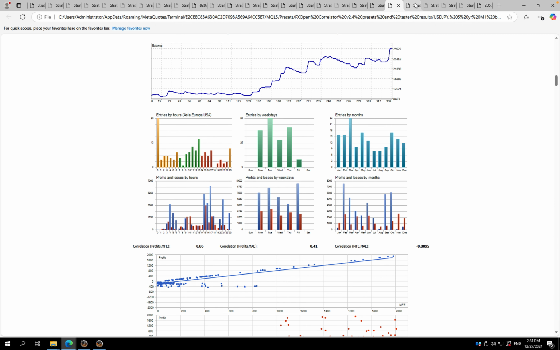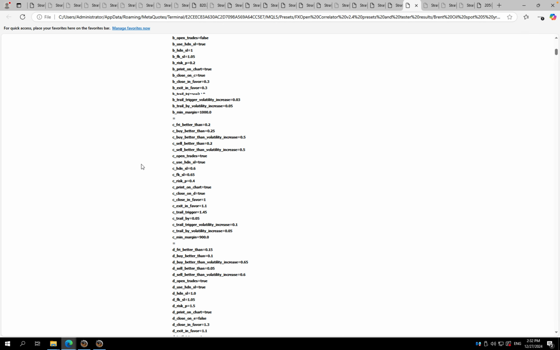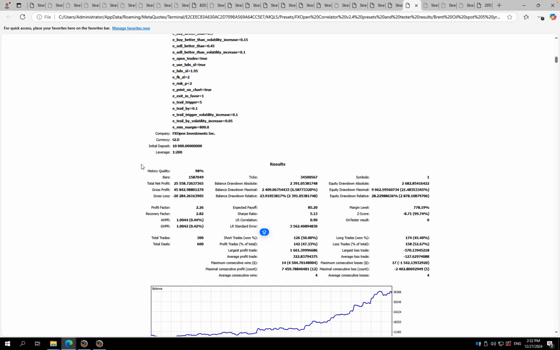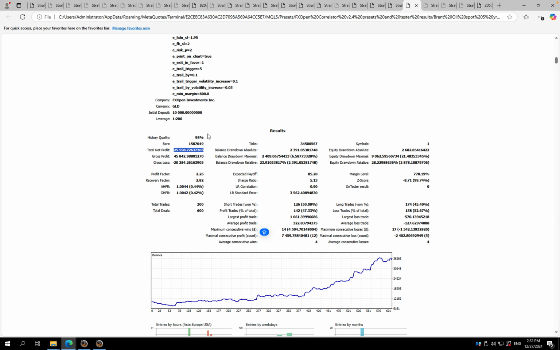Next one. This is oil, the 5-year period on a 1 minute chart with a 10,000 deposit. You get a net profit of 25,558 after 5 years. 98% history accuracy.